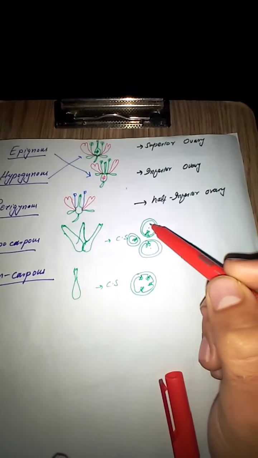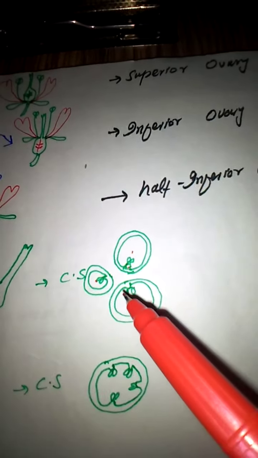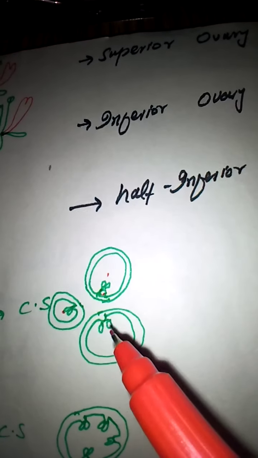Look at the cross section of such an ovary. This is one carpel, this is another, this is another carpel. Now what is a carpel? The structure which encloses ovules. These are ovules.